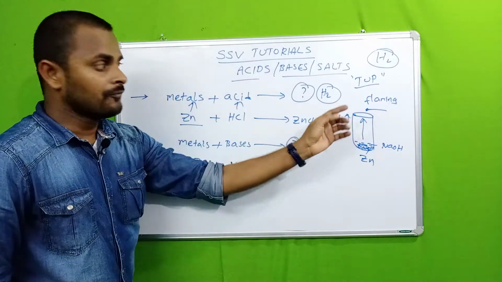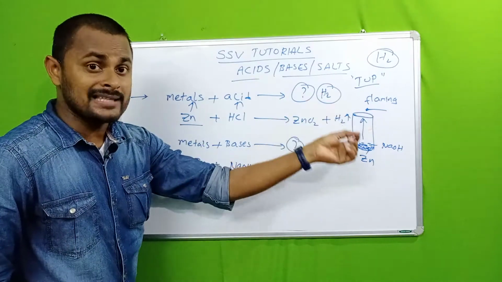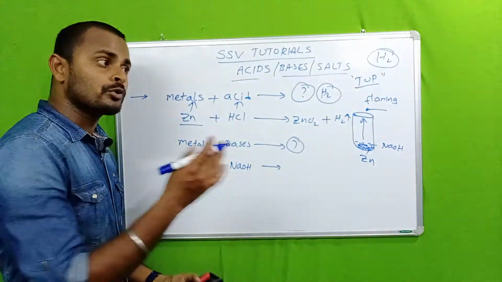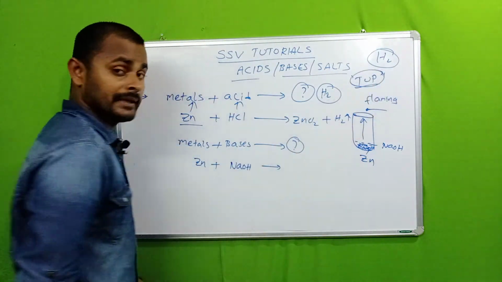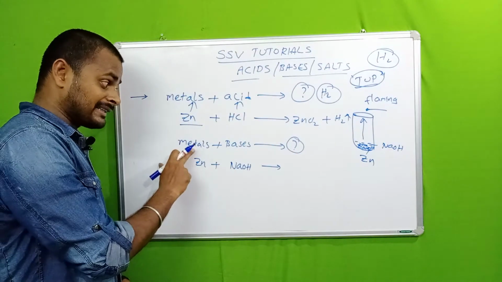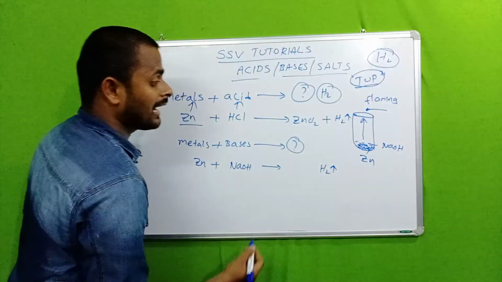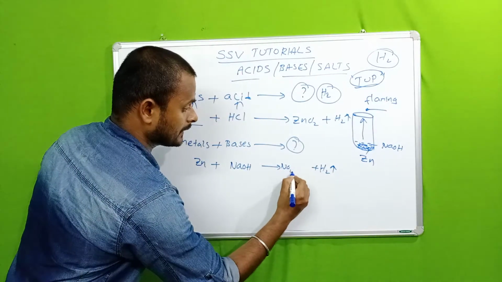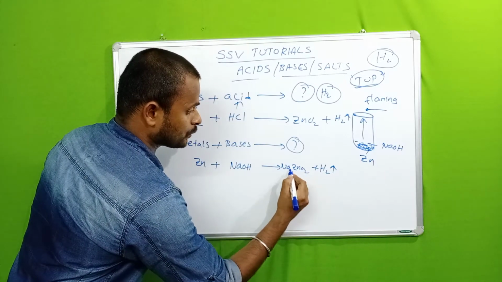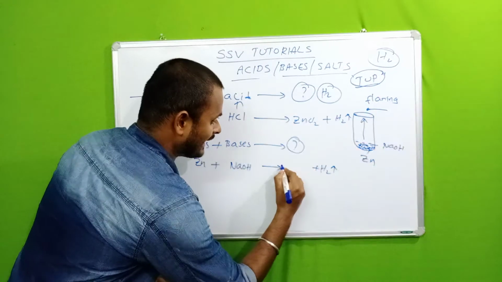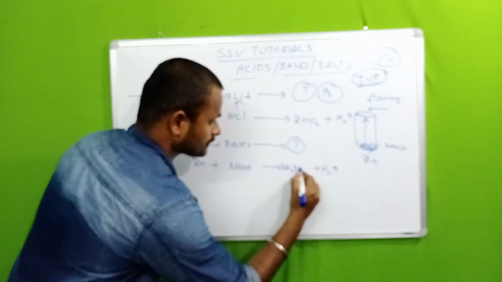If you place a flaming matchstick at the top of the test tube, again it is put off with the sound of pop. So by the action of metals with bases also, hydrogen gas is liberated, along with Na2ZnO2, which is called sodium zincate.